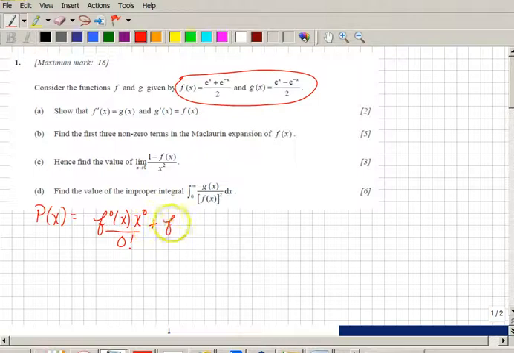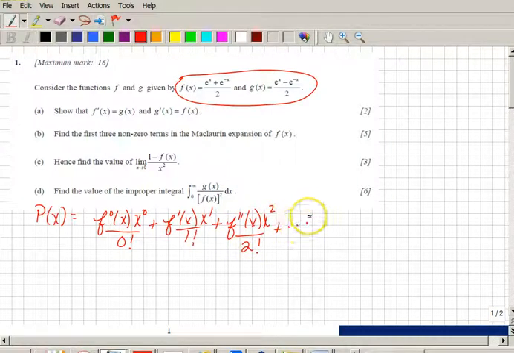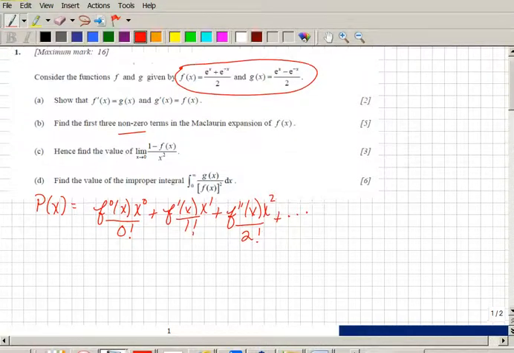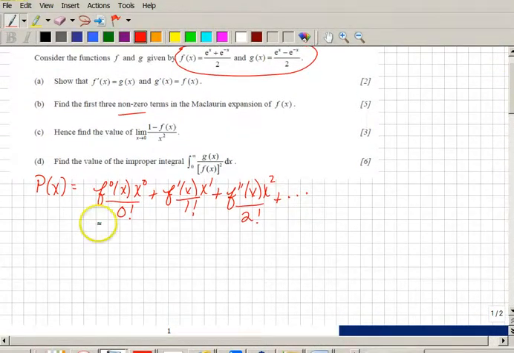So first derivative of x, x to the first over 1 factorial, plus second derivative of the function times x to the second over 2 factorial, etc. You get the idea. So what we need are some derivatives of f. Now it says the first non-zero terms, so it may take more than 3 derivatives or 2 derivatives. We'll find out.